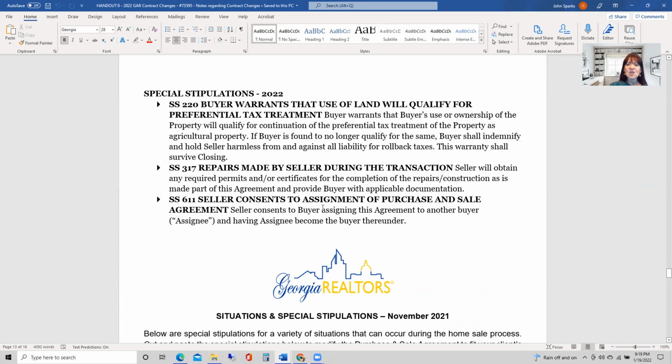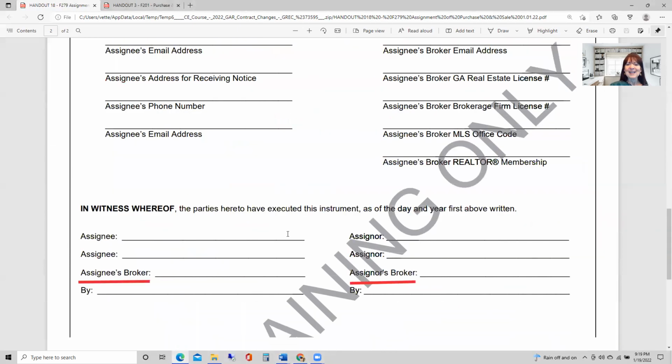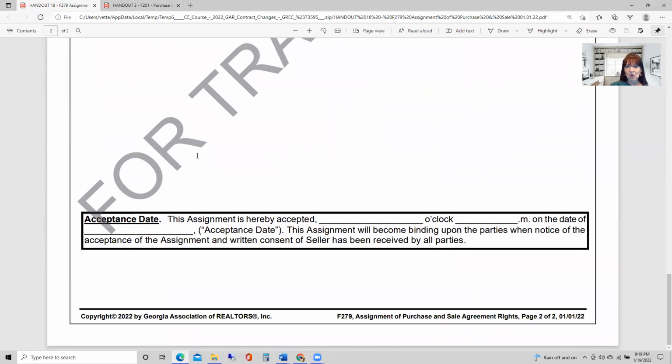Seller consents to assignment of purchase and sale agreement. The seller consents to the buyer assigning this agreement to another buyer/assignee and having assignee become the buyer thereunder. So again, stay tuned for a little bit further, and then there's an acceptance date of this agreement between the 2 buyers.